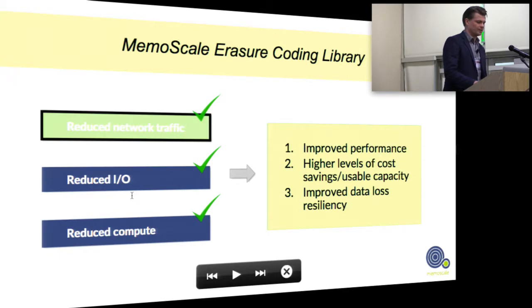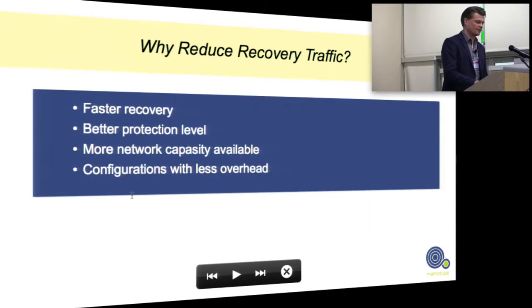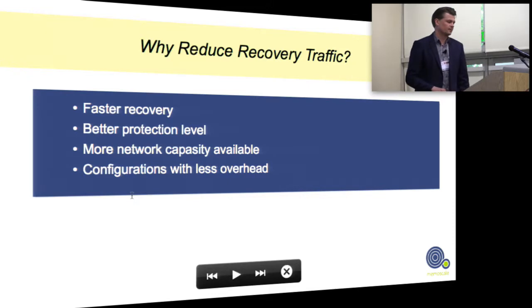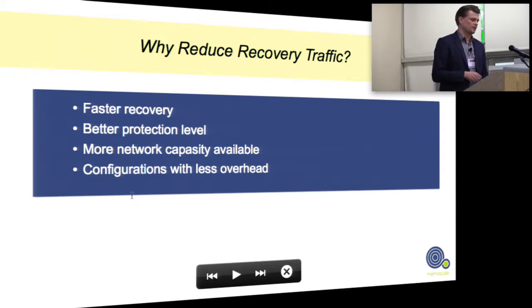So I'm going to go a bit more into detail on a few of these. First we have the reduced network traffic. And when I say recovery traffic, I mean the amount of data that you need to read and transfer over the network in order to recover any lost data. So if you reduce the recovery traffic, you can potentially have faster recovery because you need to move less data in your storage system.